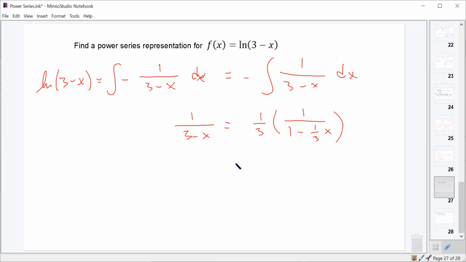So how would we do that then? We just have to let our power series for 1 over 3 minus x equal what?